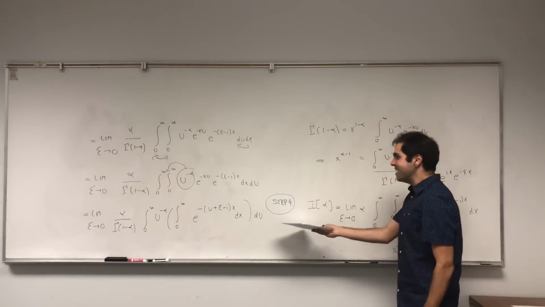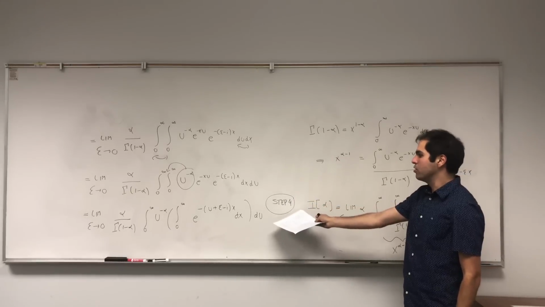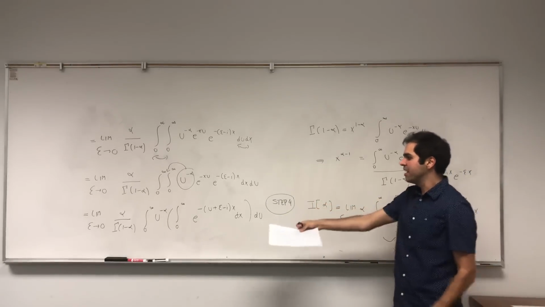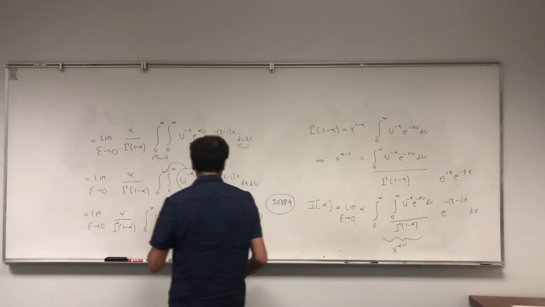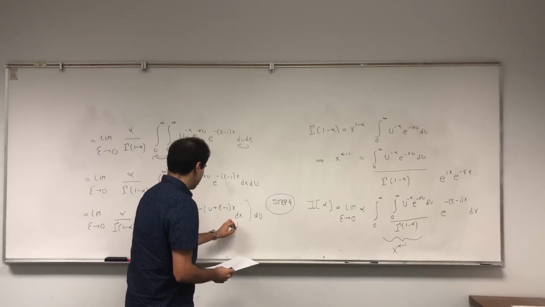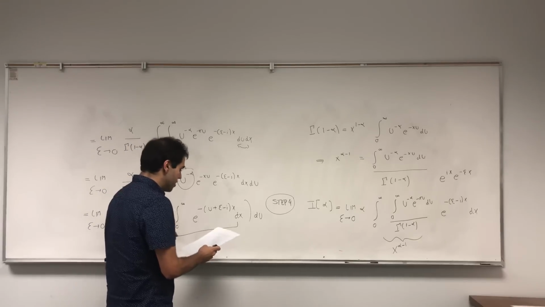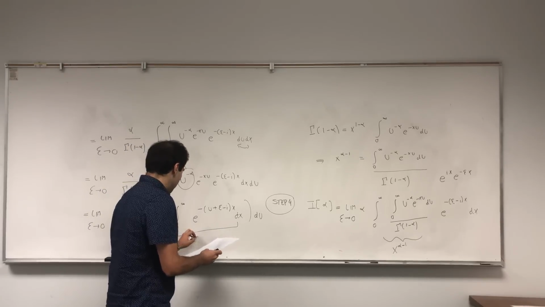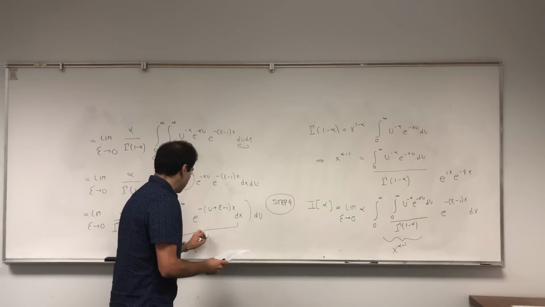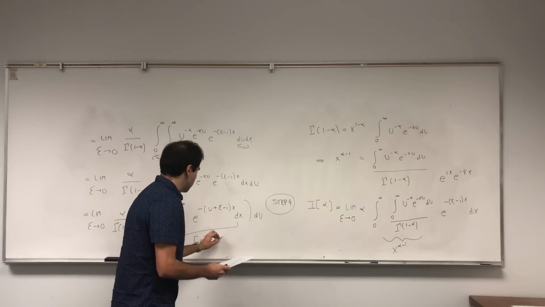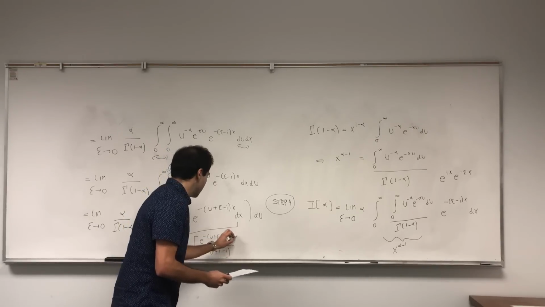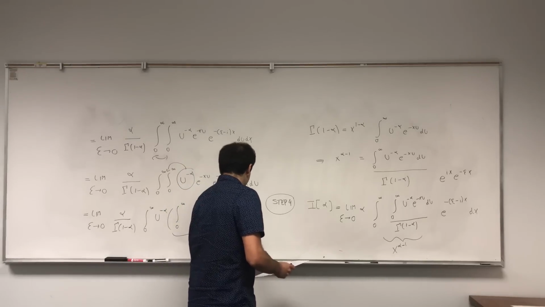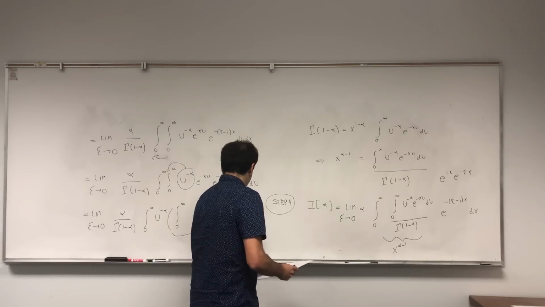But you see, that whole thing with respect to u was hard to calculate, but this term is actually easy to calculate with respect to x. Because an antiderivative is simply e to the minus (u plus epsilon minus i) x over minus (u plus epsilon minus i), from x equals 0 to x equals infinity.